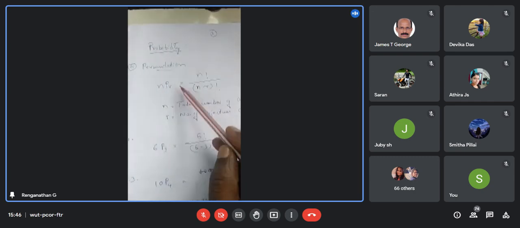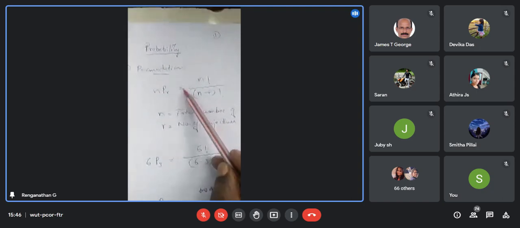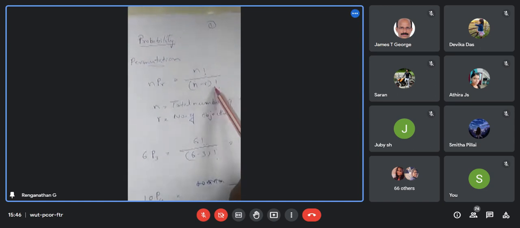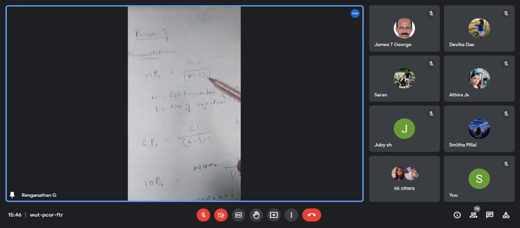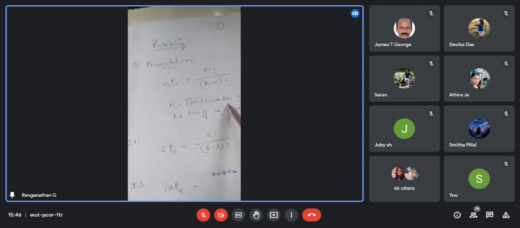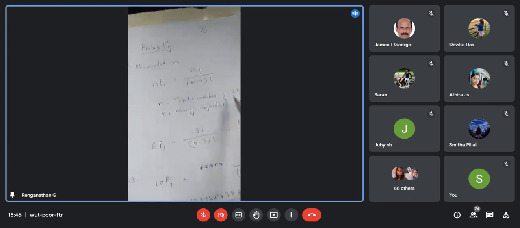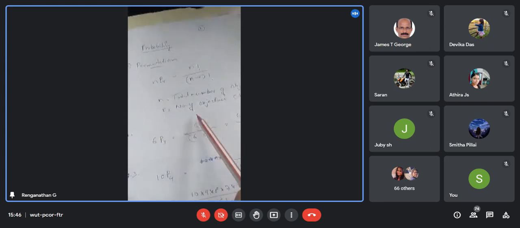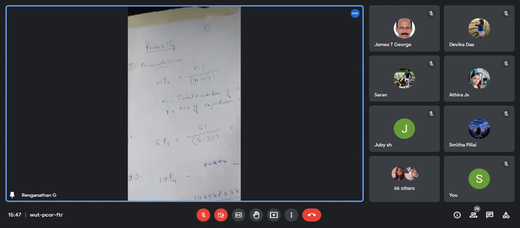So you have to write down this formula. nPr is equal to n factorial divided by (n minus r) factorial, where n is the total number of objects and r is the number of objects chosen.